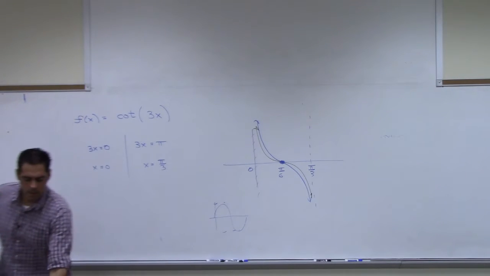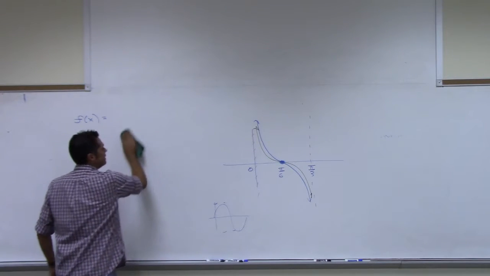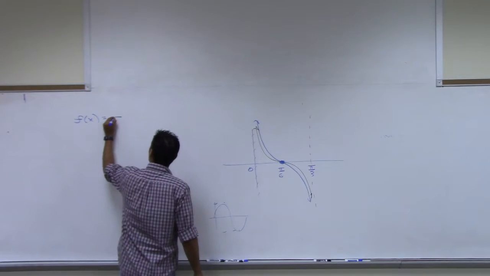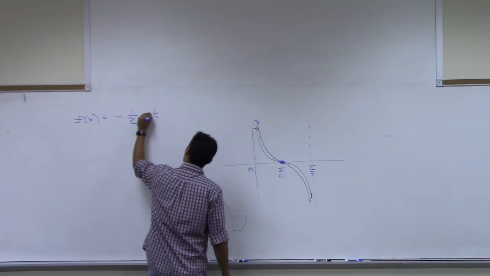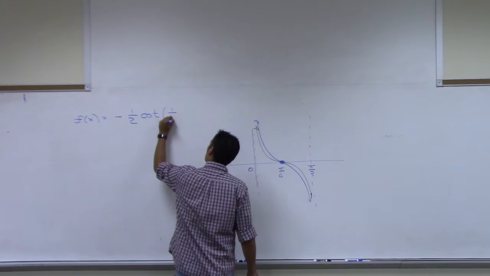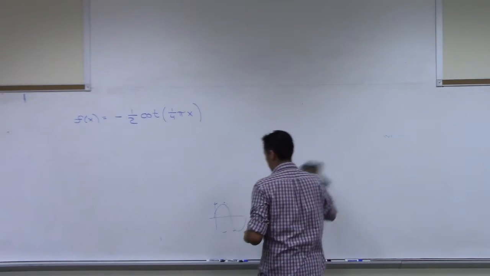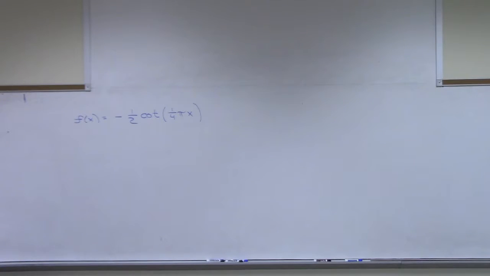All right, let's do another one. I'm going to take the argument and set it equal to 0 and pi.